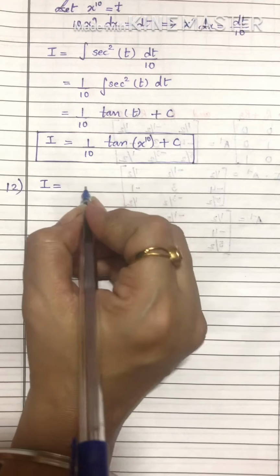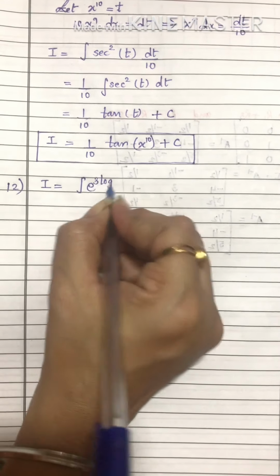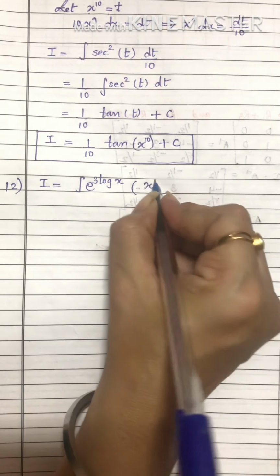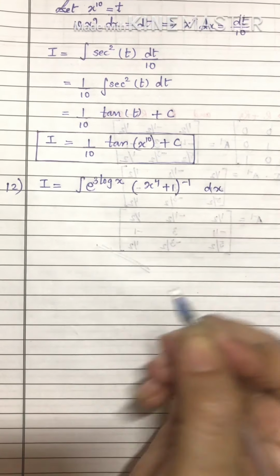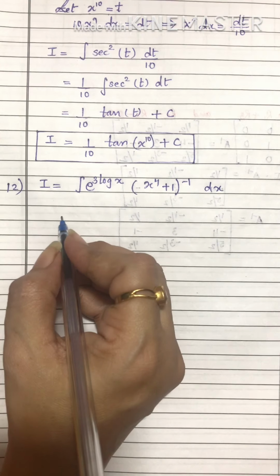We have I is equal to integration e raised to 3 log x into x raised to 4 plus 1 raised to minus 1 dx. So let's see how we're going to solve this sum.